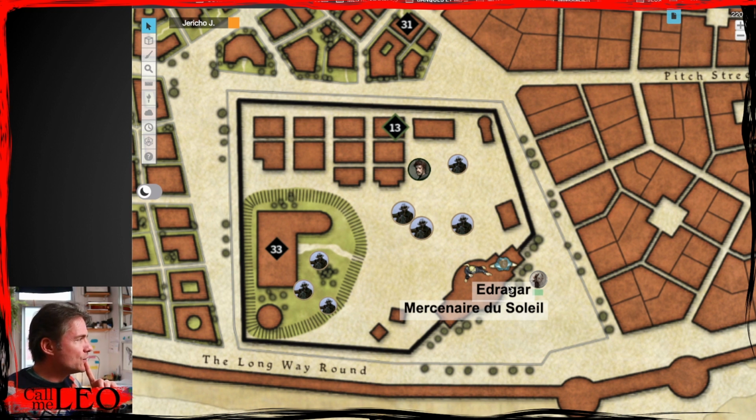Basically, I wanted the action to continue, and my big question when I was prepping was, how do the sellswords react to that? First, what do they know? How fast does the news spread? Because two people have been captured. There was the first guy that they captured, a young guy that didn't know much. And now there's Edragar, who is one of the important sidekicks of Dolani.